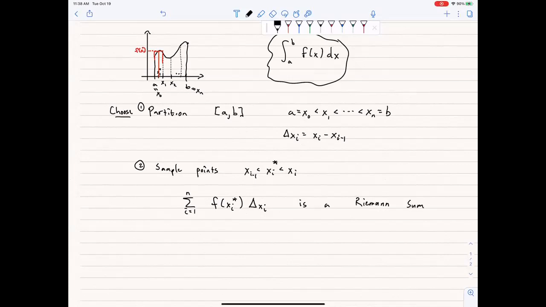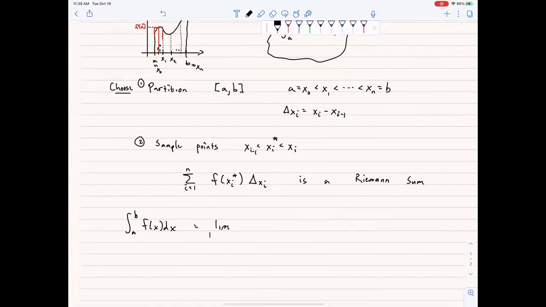Now, what is the definite integral? The definite integral is a very, very fancy type of limit. It is defined to be this massive limit.